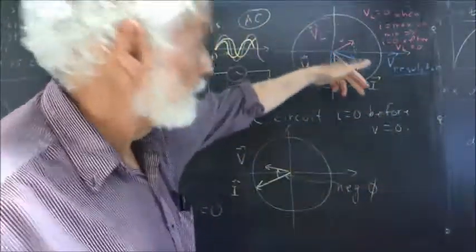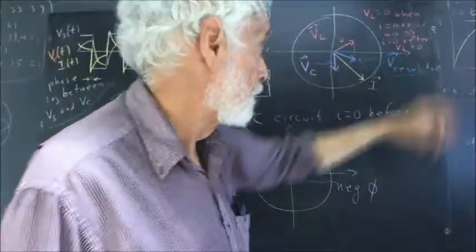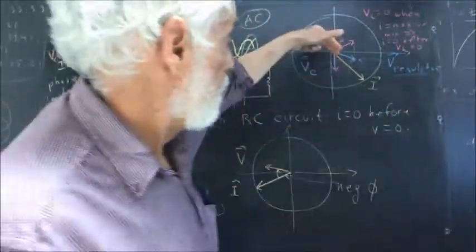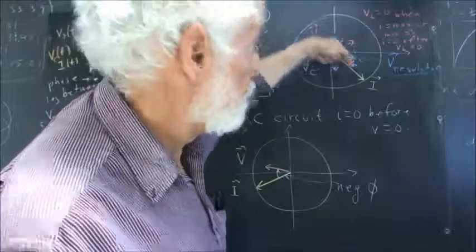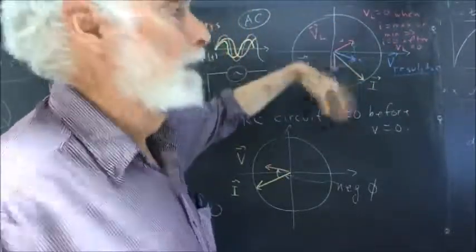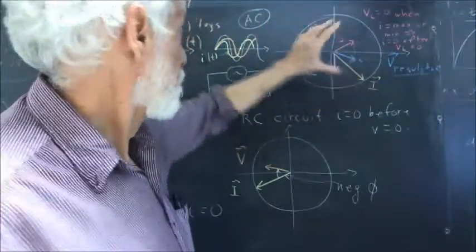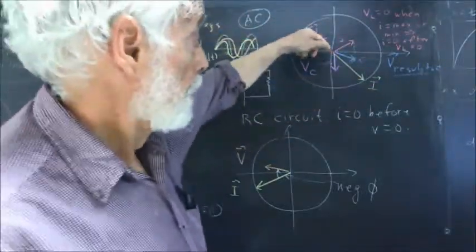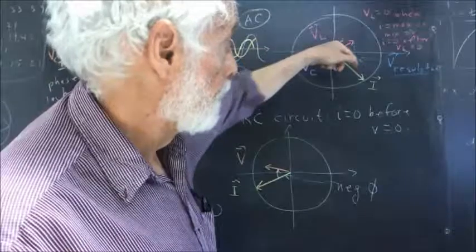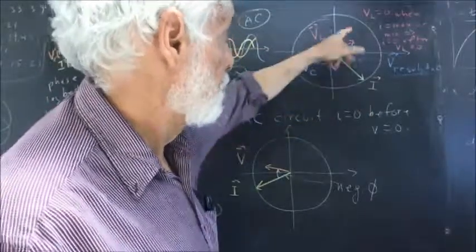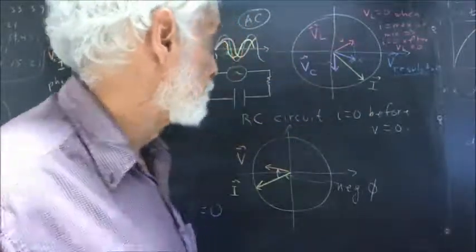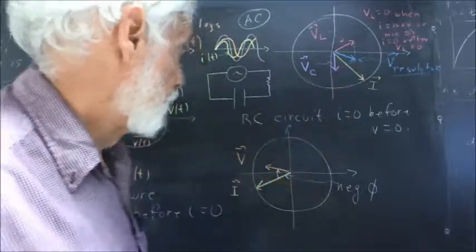Oh yeah, if there's a resistor in here, because I had to label that so it wouldn't look like the voltage of the resistor, then the voltage across the resistor is in phase with the current, because the voltage of the resistor is just resistance times current. There's no phase lag involved. So you would have another vector parallel to the I vector, and you would have to take the resultant of all three vectors in order to see what's going on in the circuit.